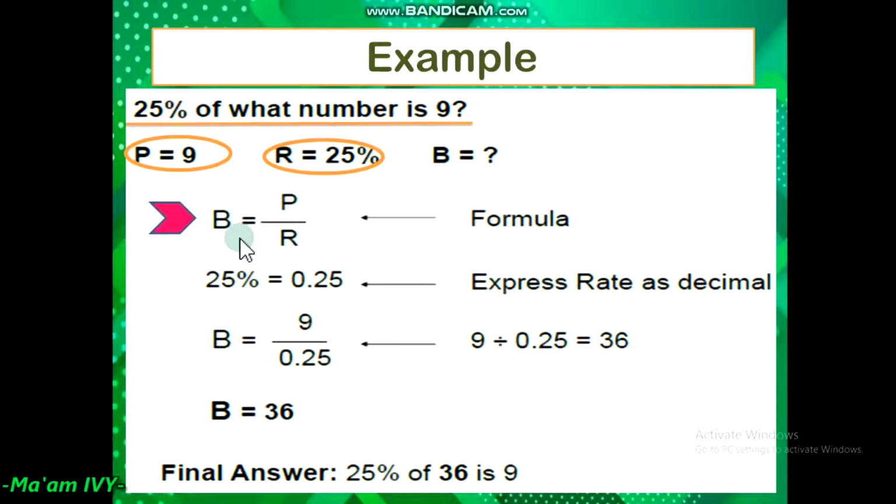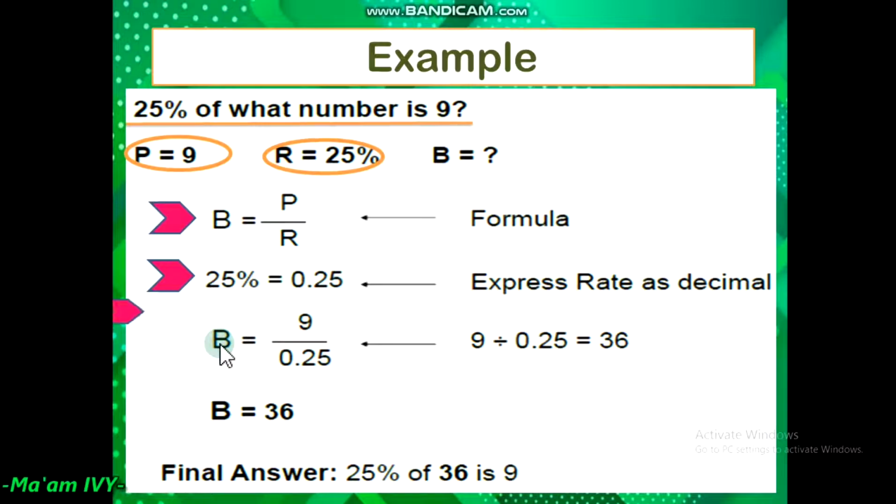We are going to use the formula B equals P divided by R. But first we are going to express our rate as a decimal. So 25% is equal to 0.25 or 25 hundredths. We are going to use this decimal form in our operation.